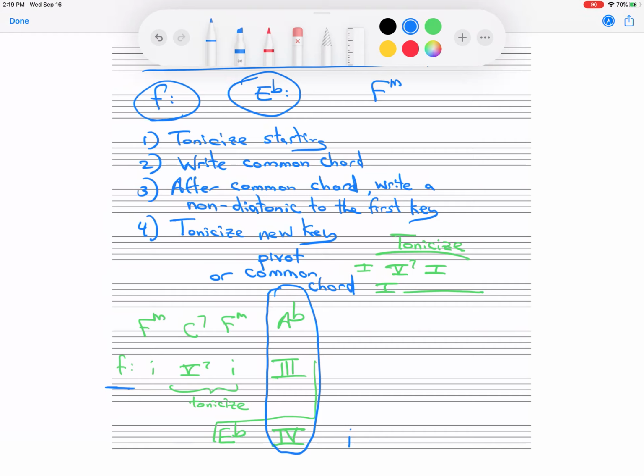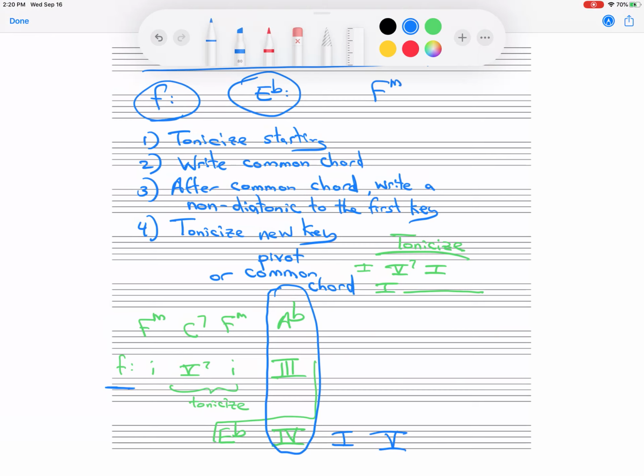And the reason why I'm going to use 1 is because I said I was going to make this as short as possible. So if I use 1, E flat, well, first of all, E flat is not diatonic to F minor. It's 7, but it's not a chord that you would find there after 4 like that. So we're going to try this out and see if it works.